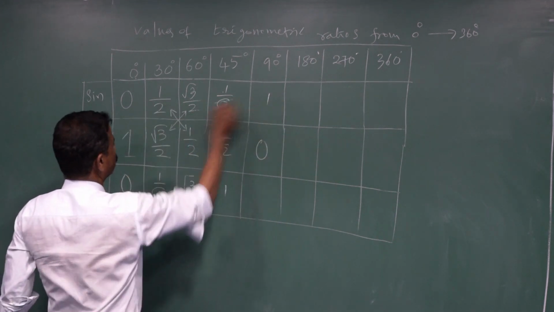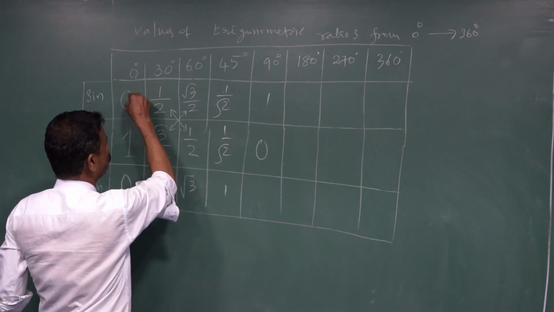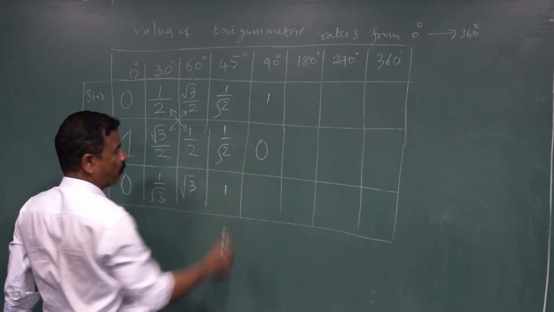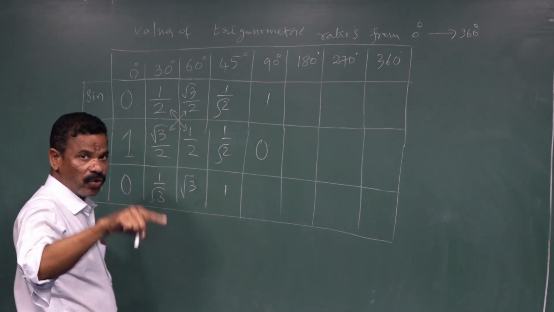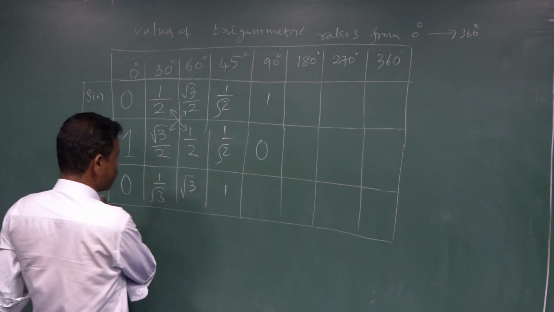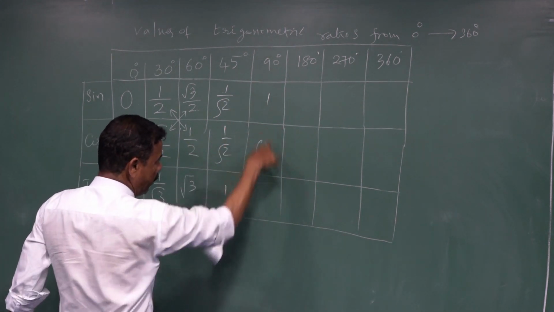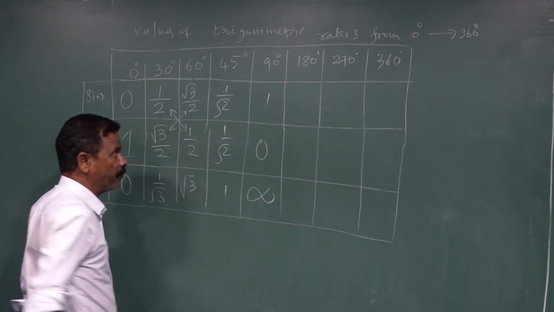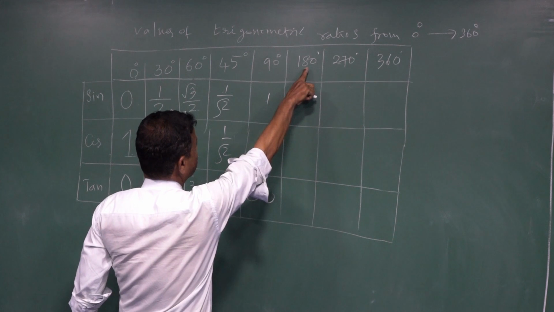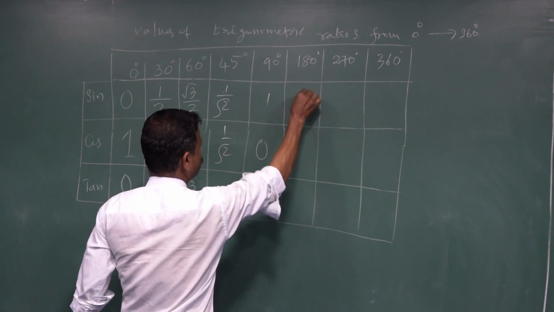So this you observe. Sin 0, 0, here cos 90, 0. Same values. Sin 0 is equal to cos 90. Cos 0 is equal to sin 90. After this, tan 90. Sin by cos, 1 by 0, infinity. Come to 180. Sin 180, 0.